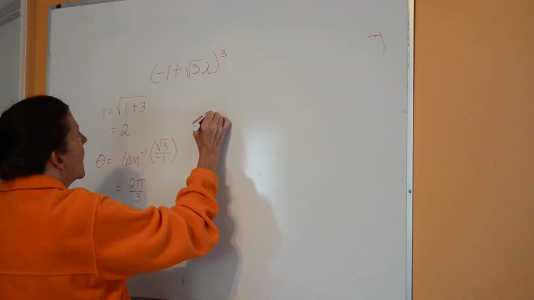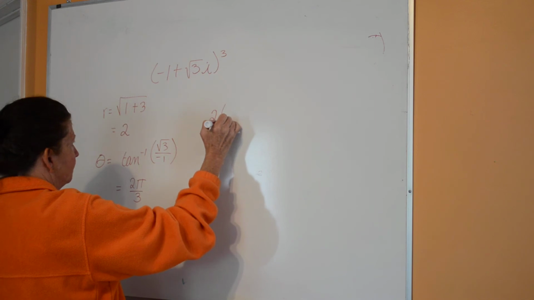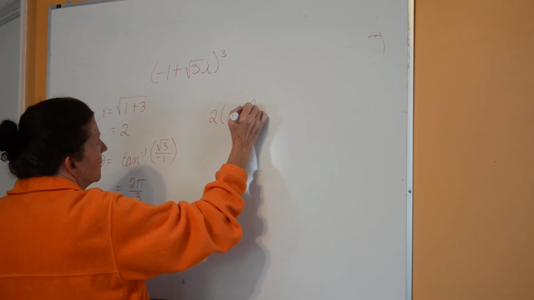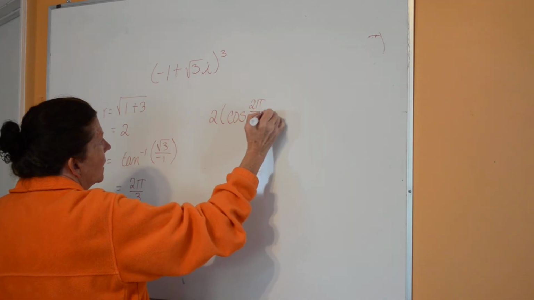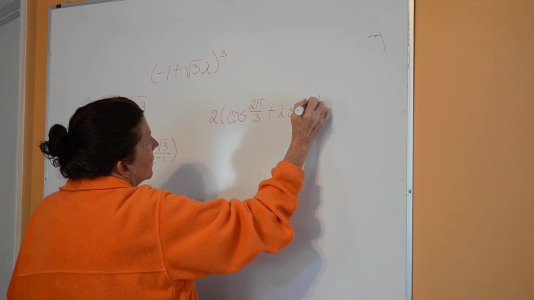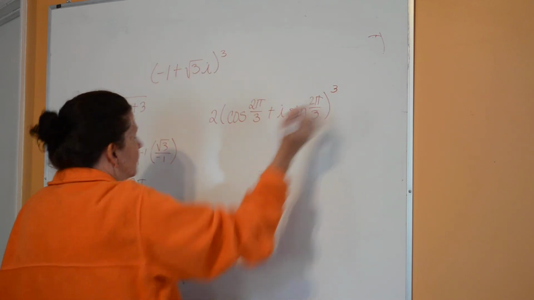So now I write it in polar complex form. So I have 2 times the cosine of 2 pi over 3 plus i times the sine of 2 pi over 3, and it's raised to that power.